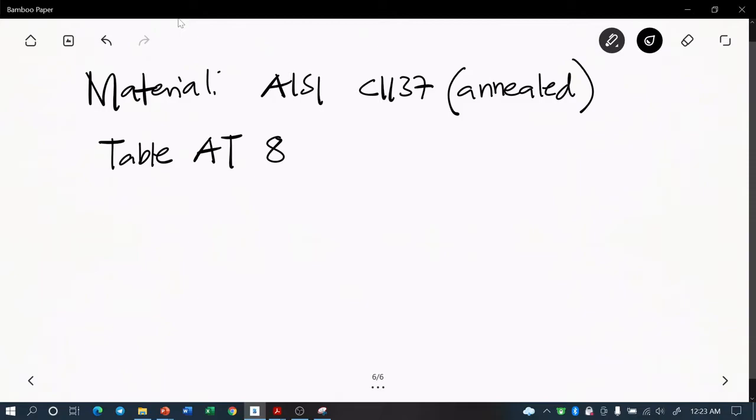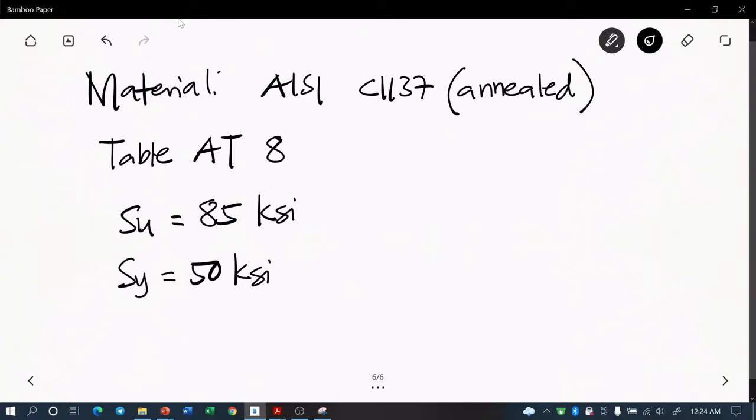For this condition, the ultimate strength is equal to 85 KSI, and the yield strength is 50 KSI.